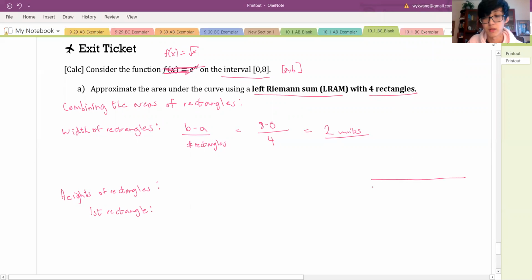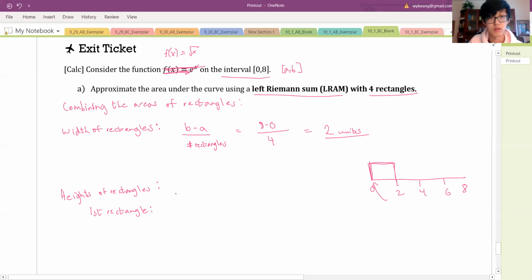We're going from 0 to 8 with 4 rectangles, so it's going to go 0, 2, 4, 6, 8. Our first rectangle is going to go from 0 to 2, so our left endpoint, because we're doing a left Riemann sum, is going to be 0.